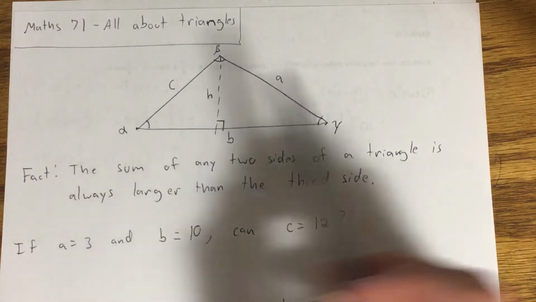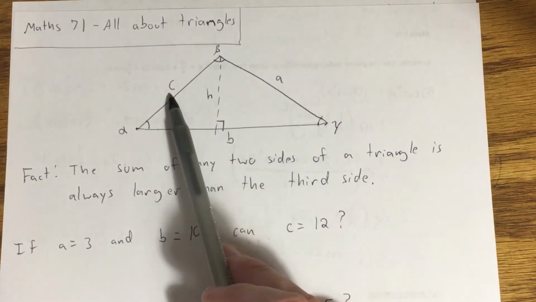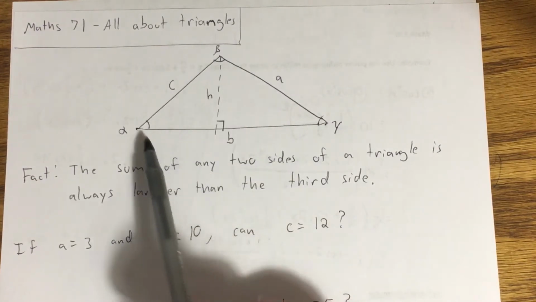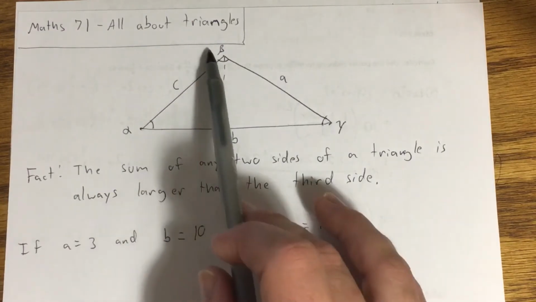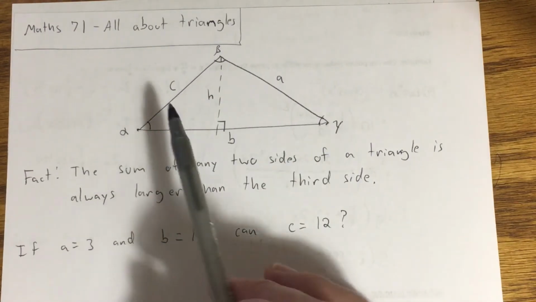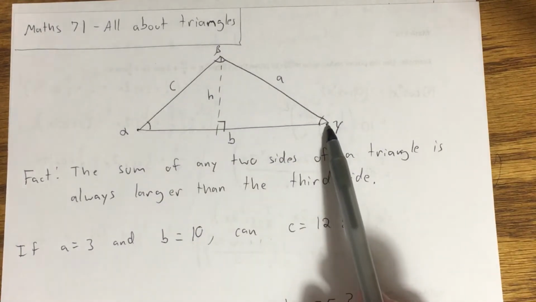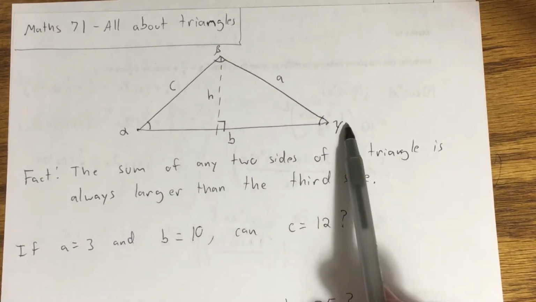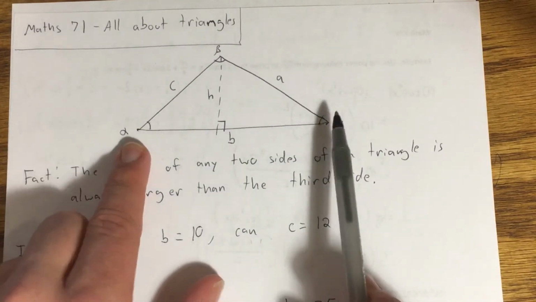If I look at any two sides of this triangle up here, say side A and side C, and then if I look at the third side, side B, these two sides together can be thought of as a path taking me from this vertex of my triangle to this vertex. Side B can also be thought of as a path taking me from this vertex to this vertex, or this point to this point.